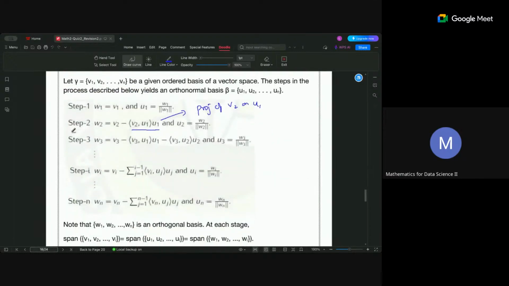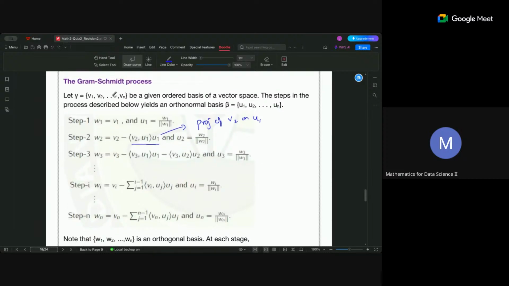If you are given a set of vectors v1, v2, ..., vn forming a basis, then to convert it into an orthonormal basis, first you divide the first vector by its norm, and for the second vector you apply this formula: v2 minus the projection of v2 on u1. In the same way you keep applying it for each of the vectors till you get an entire basis of orthonormal vectors. So this is just some formulas, that's all.